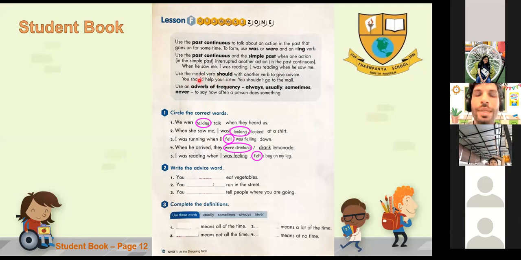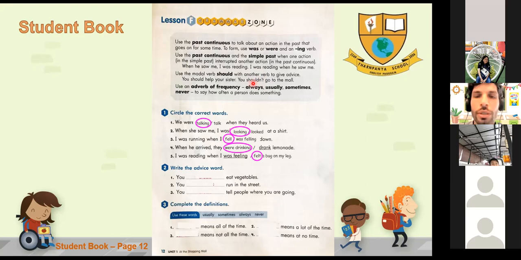How do we form the negative of should? You shouldn't go to the mall. Let's take a look at the negative for a second. We have should plus n, then the apostrophe and t. Remember, this is the contraction for should not.